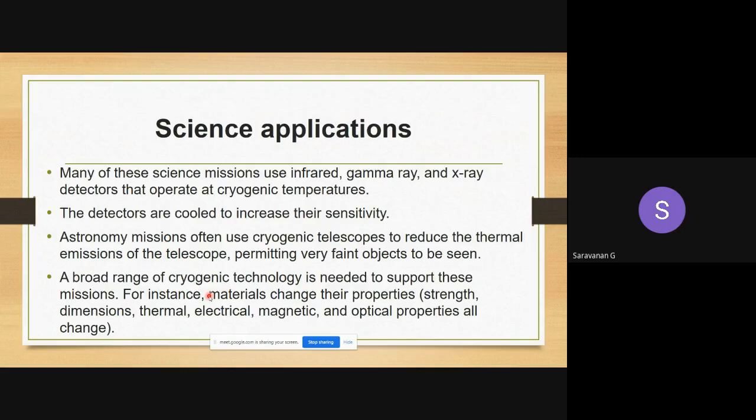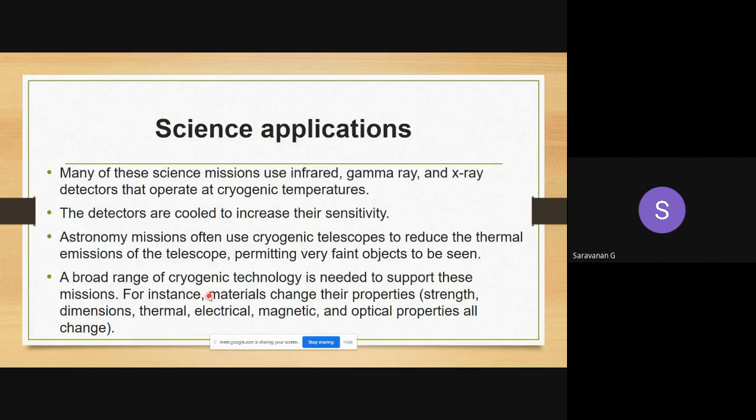So they have to be cooled down using cryogenic temperatures. The detectors meant for infrared, gamma ray, and X-ray missions have to be cooled down using cryogenic temperatures so that their sensitivity will be increased. So the detectors are cooled to increase their sensitivities.